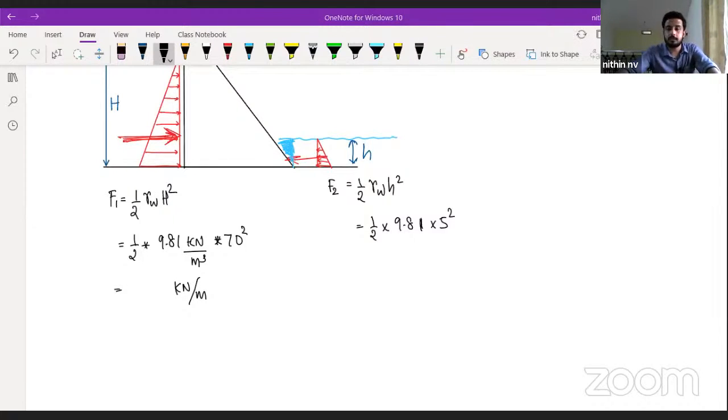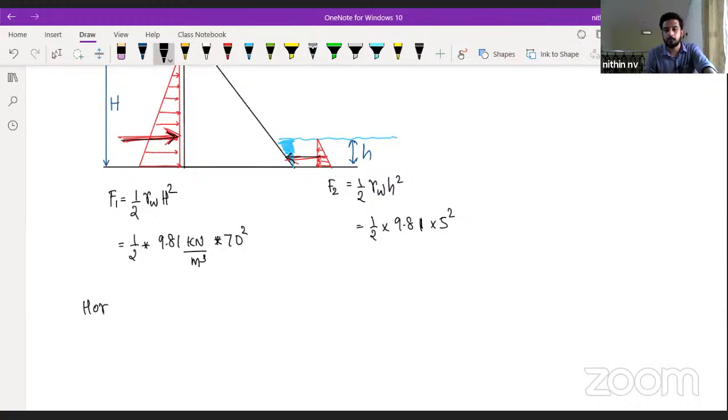Okay, so please tell me how much is your F1. Sorry, I have not calculated F1 separately. Now see, F1 is in this direction, F2 is in this direction. So totally, what will be your net horizontal force?